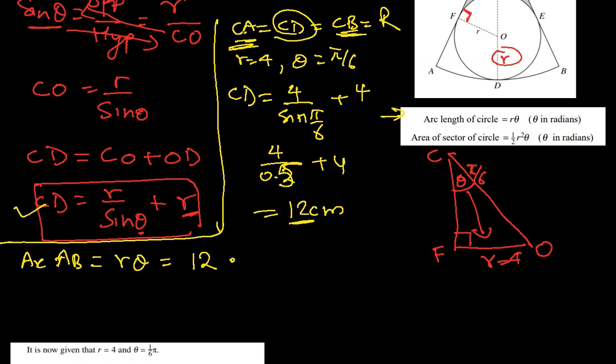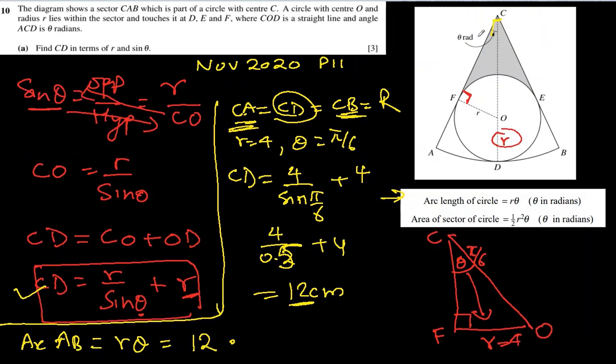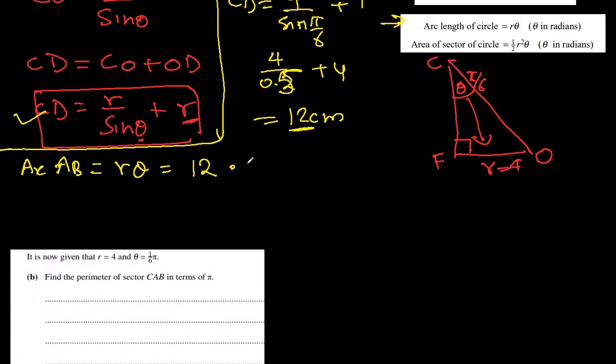Theta is not pi by 6. Theta is double of pi by 6 because this is the angle subtended by the arc at the center C. So pi by 3, double of pi by 6. So this is the arc. Let's cancel out: 6 times 2 is 12. So that is 4 pi.